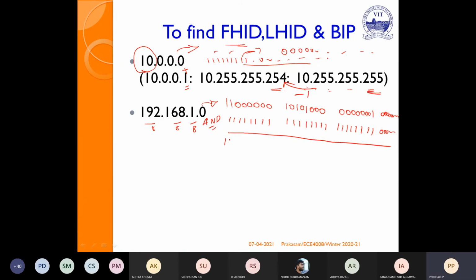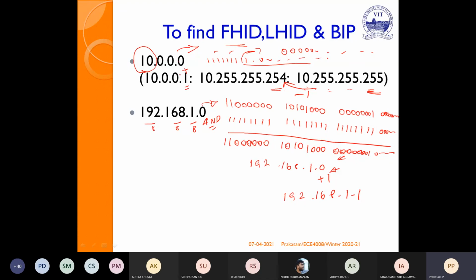You will get 11000000, 10101000, 00000001, 00000000. Convert this and you will get 192.168.1.0. This is the network ID. Plus 1 is the first host ID, so 192.168.1.1 is the first host ID.